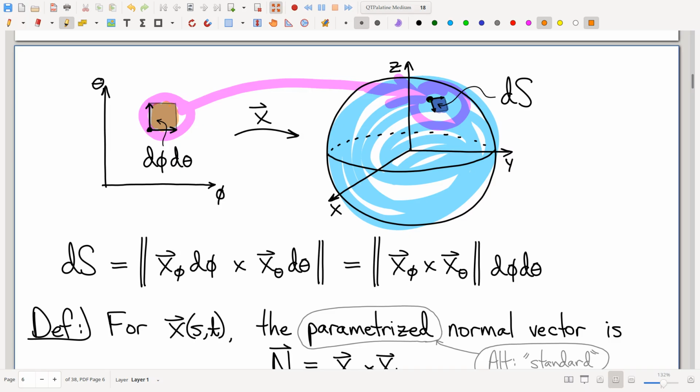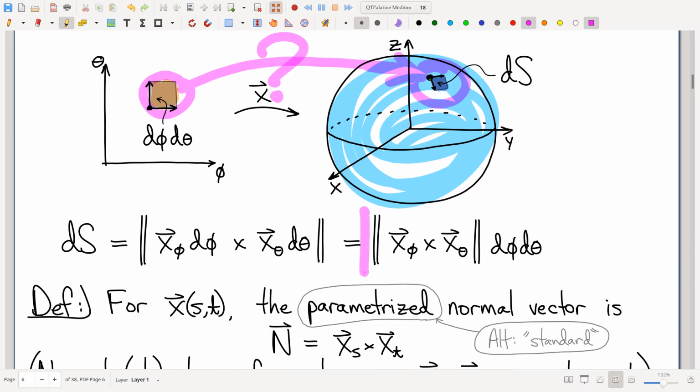We're going to look at each little piece of area here and see how much does it get stretched out to make area over here. And then we're just going to add up all these little pieces of area by effectively keeping track of how big they are in terms of phi and theta. So clearly the first thing that we're going to need to know is what that stretching factor is. We're going to need to compute then the magnitude of capital N.